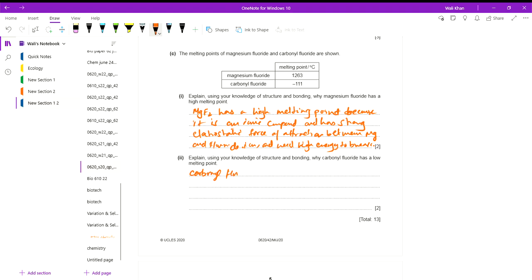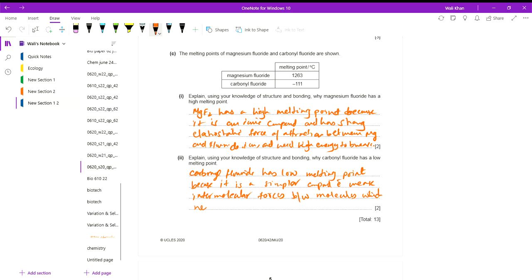Carbonyl fluoride has a low melting point because it is a simple compound with weak intermolecular forces between molecules. It needs less energy to break.